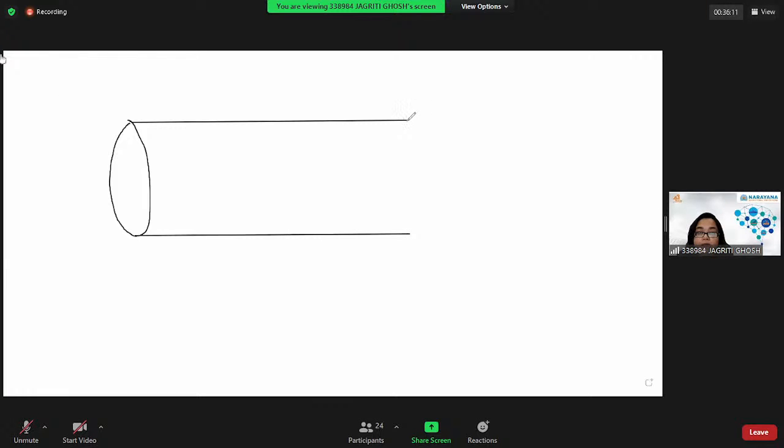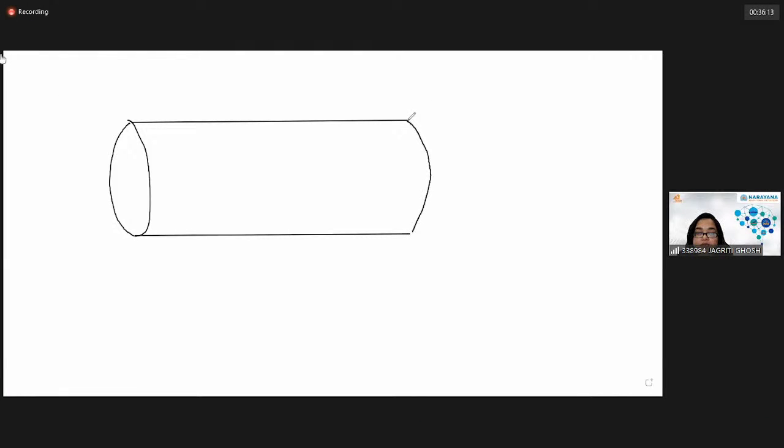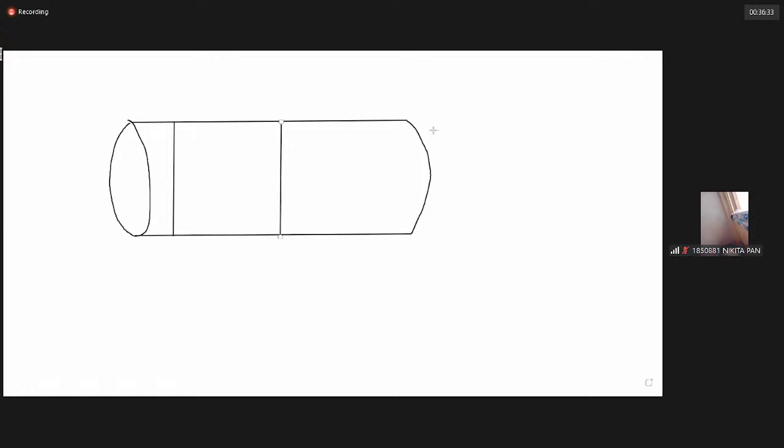The boundaries of the compartments are called as Z line. So the boundaries of sarcomeres are called as Z line. So this is our Z line.